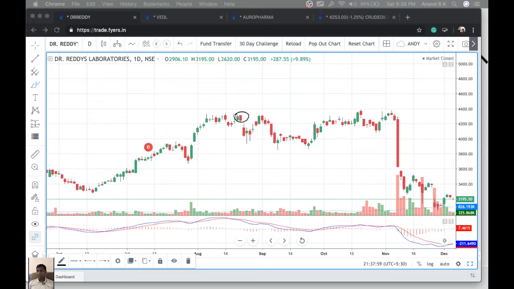And the third point, what he very clearly mentions, is that the second real body of the engulfing pattern should be the opposite color of the first real body. The exception to this rule is if the first real body of the engulfing pattern is so small that it is almost a doji or is a doji.